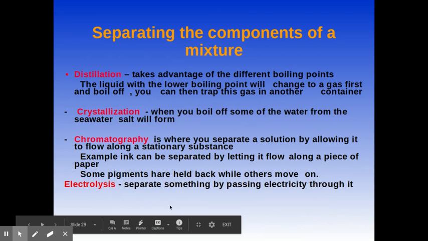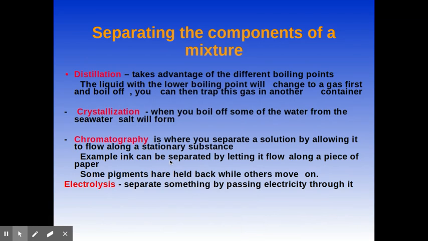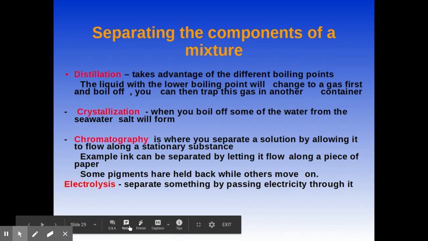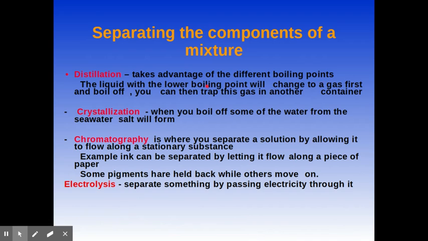So, here are just some ways that you might separate a mixture. The first way should sound familiar to you living here in Kentucky. Hopefully, you've heard of distillation before. So, all those distilleries are doing distillation. And what this does is it takes advantage of the different boiling points. I'll show some pictures here in a minute, but you have a mixture in the distilleries around here.